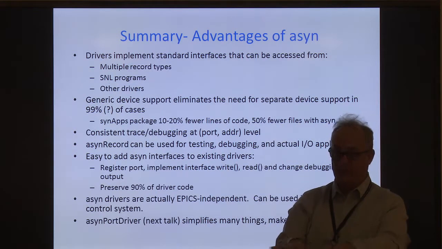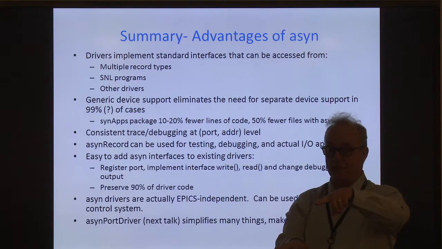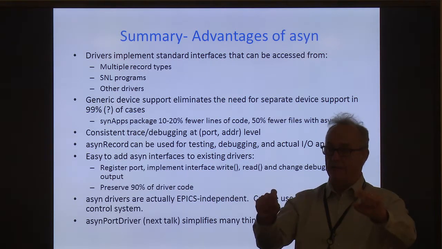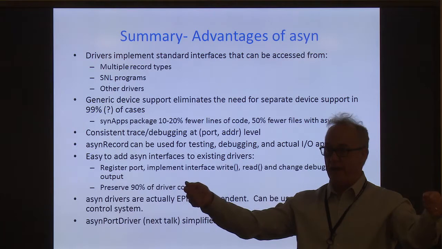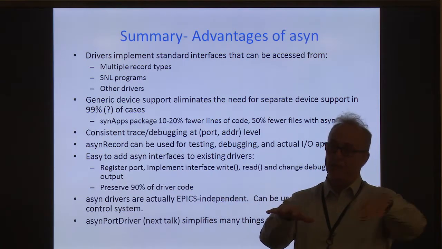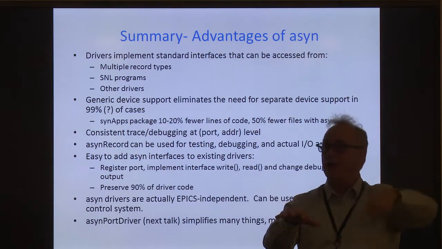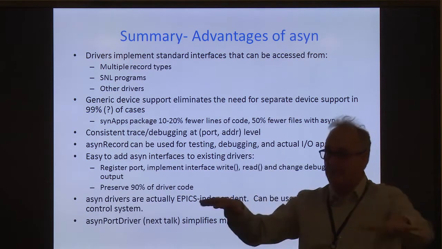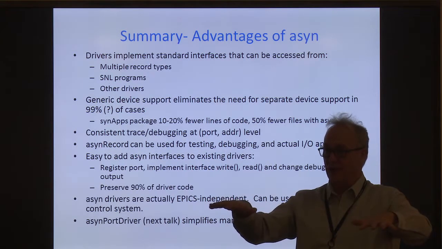So it starts with ASIN port driver that I'm going to talk about next. But then there's a class on top of that called ASIN ND array driver that implements the interface to an n-dimensional array. But it's not yet an area detector. At that level, the quad electrometer derives from that, and the multi-channel analyzer can derive from that because they deal with n-dimensional arrays.